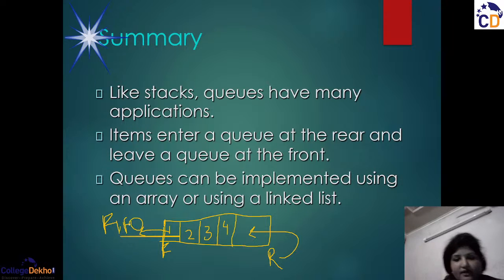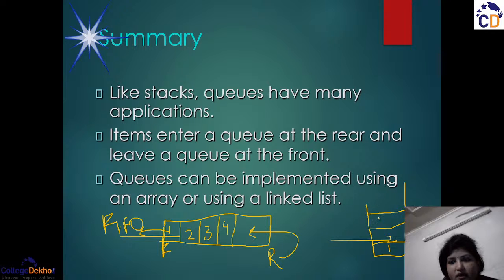You might have seen in my previous session, you might be having such a stack, 1, then 2, then 3, and so on. So this is my top pointer, which has some value. Now the last element should come out first. It follows LIFO. LIFO means last in, first out, right?